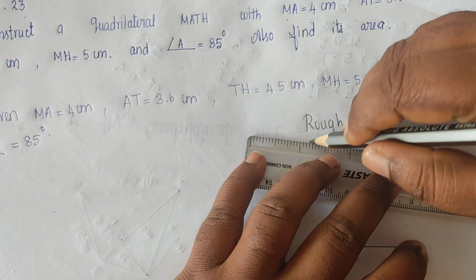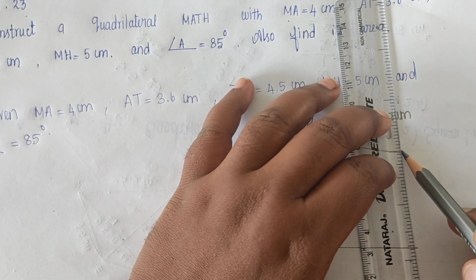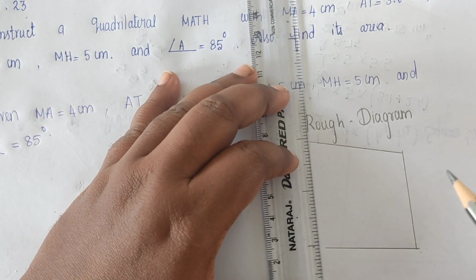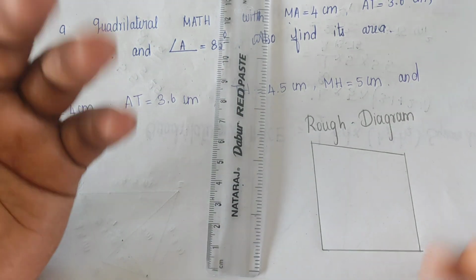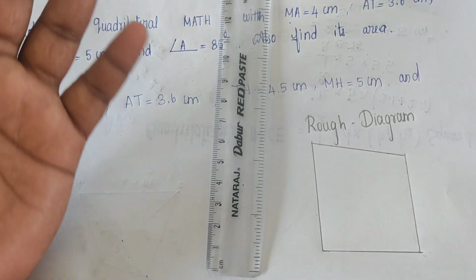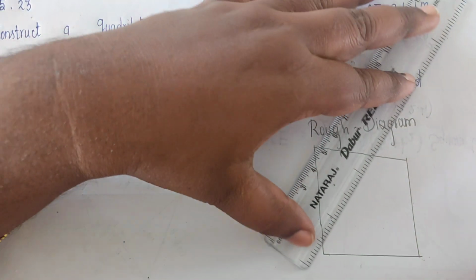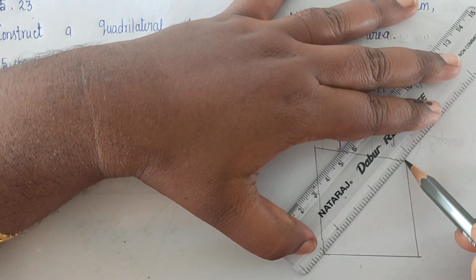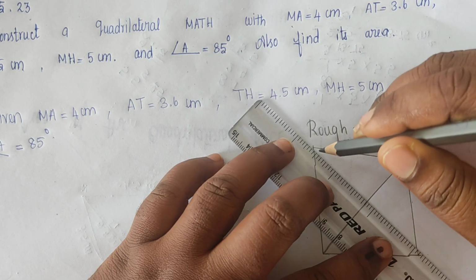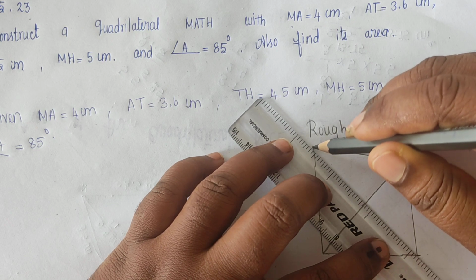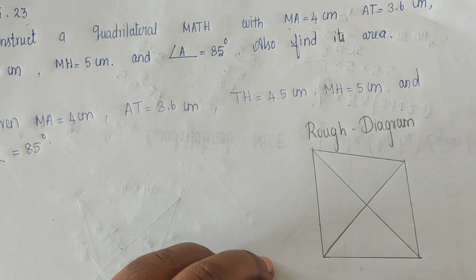A quadrilateral has four sides and can be any shape, and it has two diagonals. So this polygon is a quadrilateral.